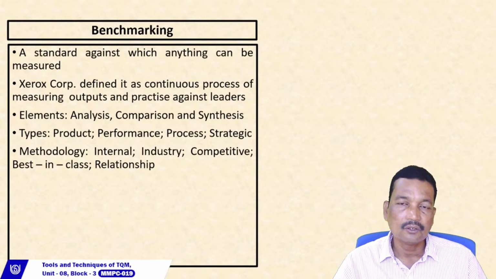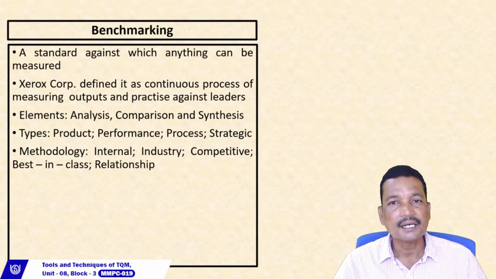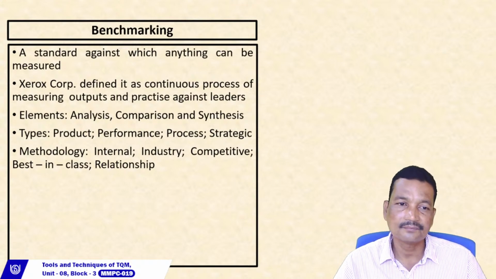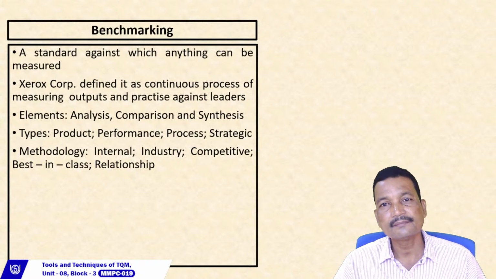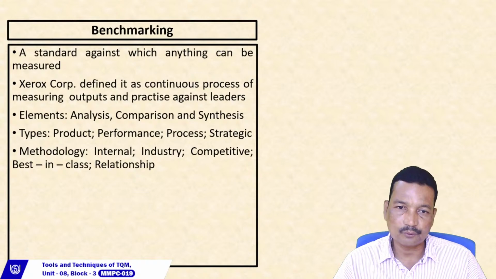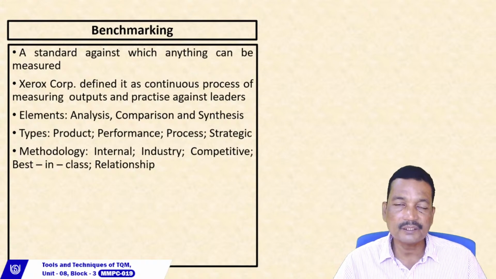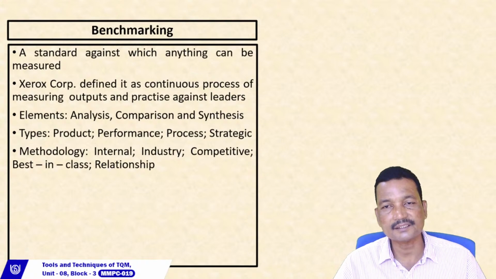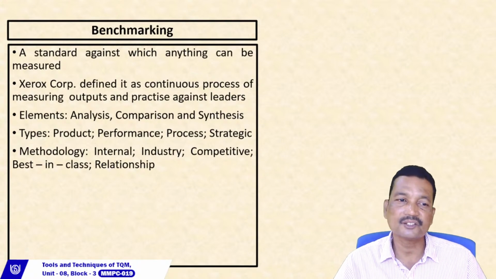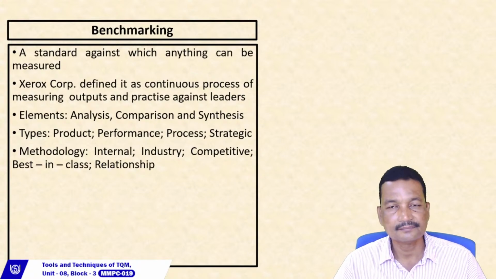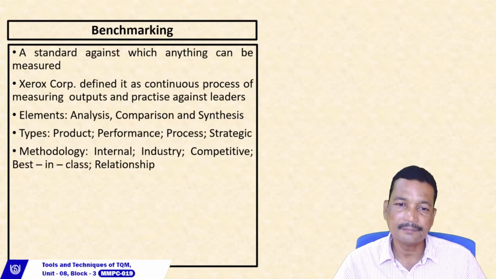Now, on an average, how is the industry faring regarding the product side, the performance, the process, we try to look at that. We try to match our product or performances with the industry standards and find out where we are lagging behind.